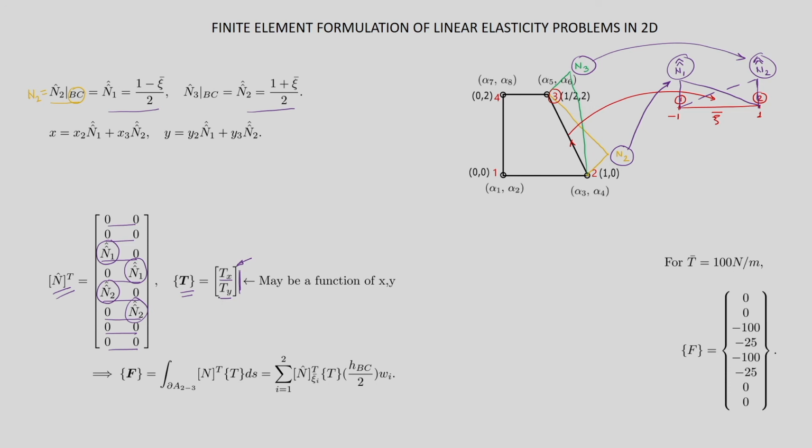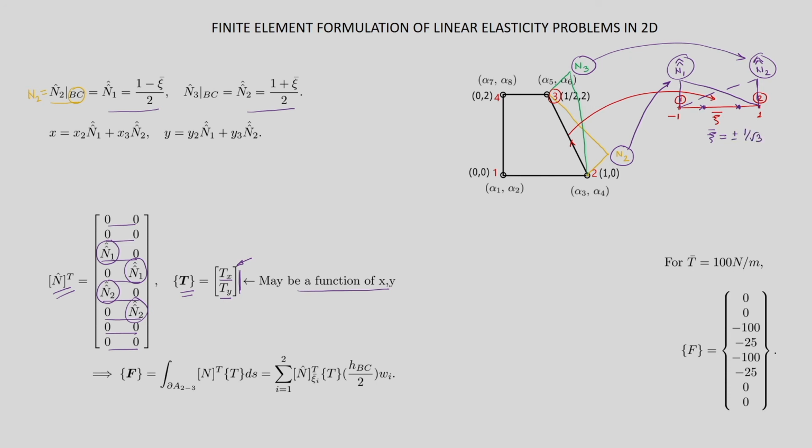Now if t is a function of x y, what do we have to do? What is the process for numerical integration? We have to evaluate the integrand at certain points of the domain. As we have seen, if I choose two Gauss points in this master element, the xi bar corresponding to these points are plus minus 1 by root 3.